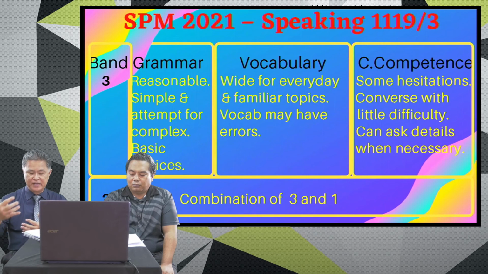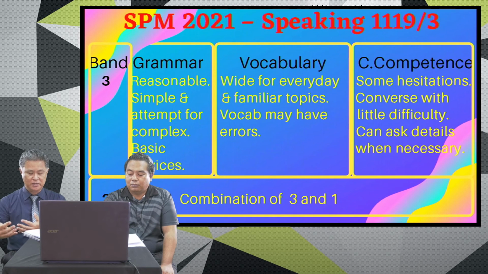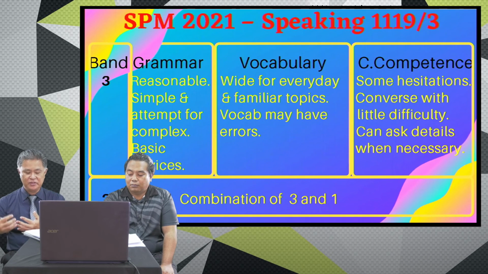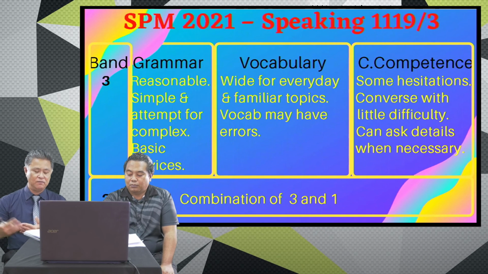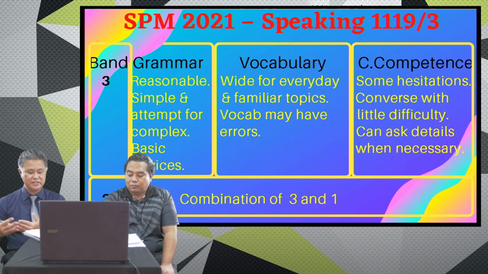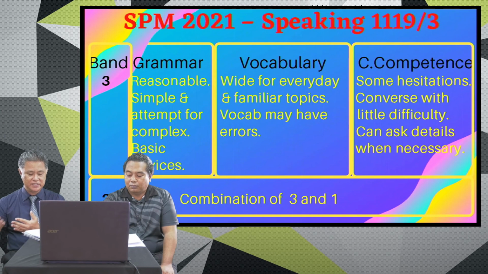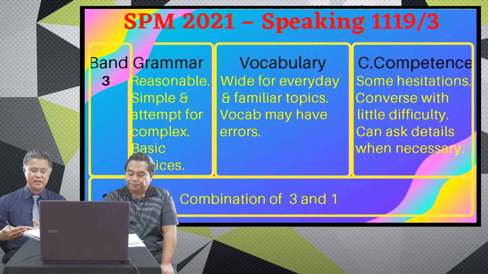Compared to band 5, where students use wide and good vocabulary, band 3 students use wide everyday vocabulary with errors for familiar topics. They can converse with some hesitation and difficulty, but are able to ask for some details when necessary.